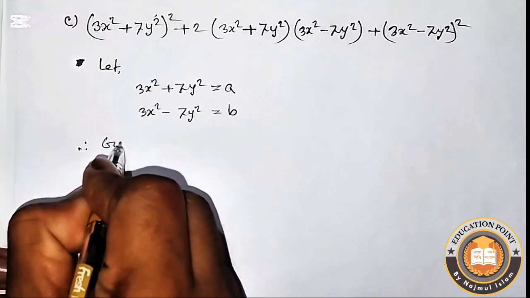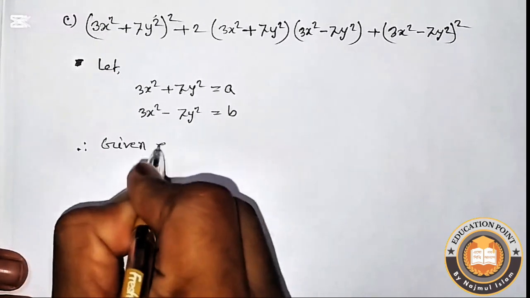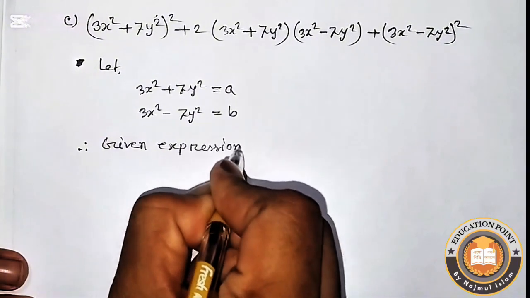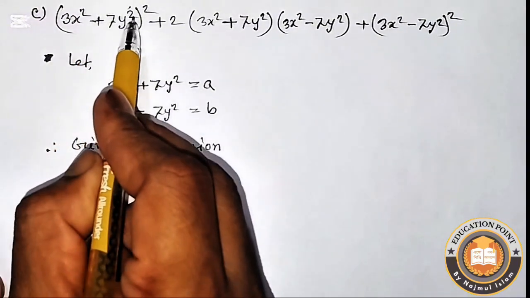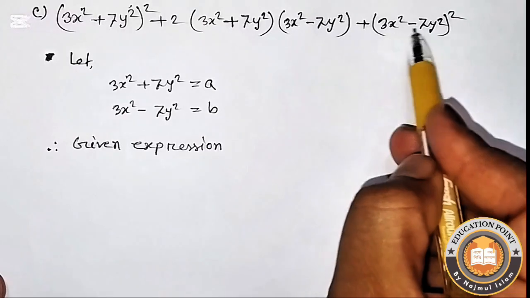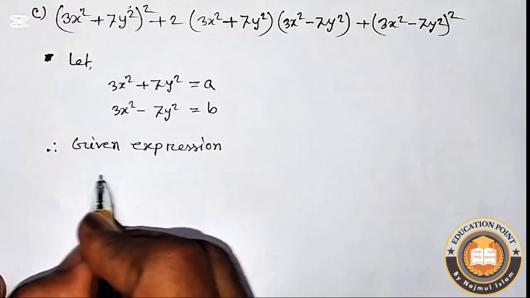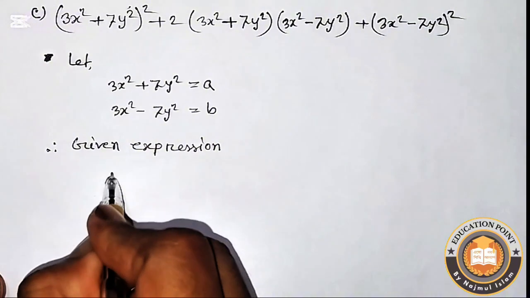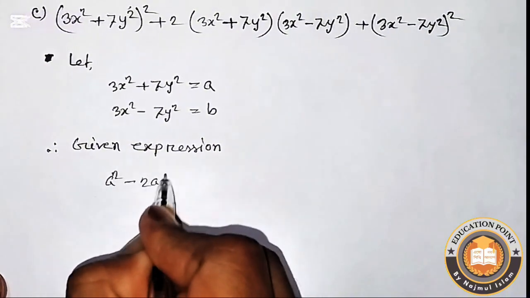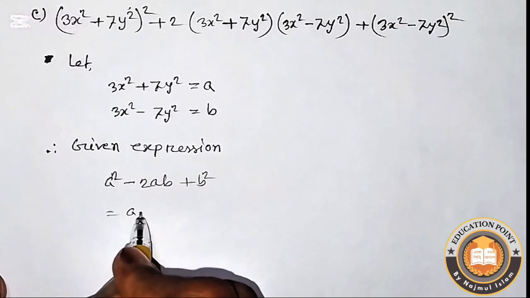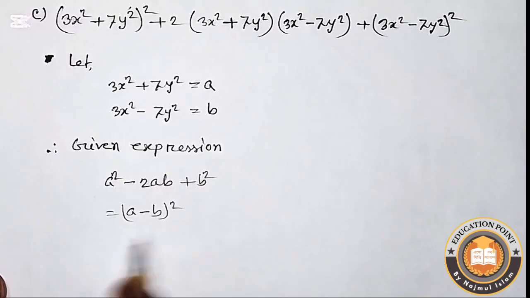So given expression, we can write a square minus 2ab plus b square. This is the formula of (a minus b) whole square.